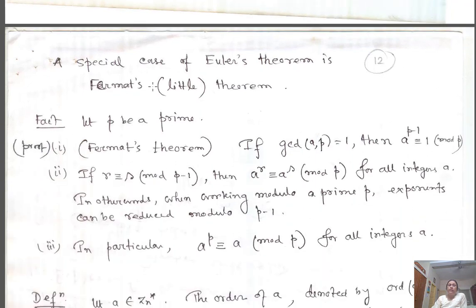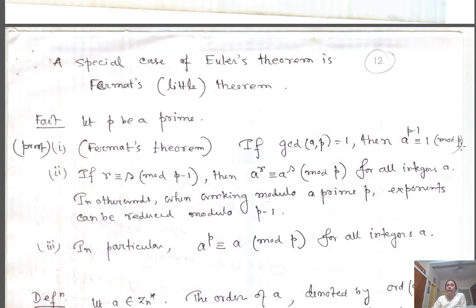As I said, a special case of Euler's theorem is Fermat's little theorem. Suppose p is prime; then Fermat's theorem says that a to the power p minus 1 is congruent to 1 modulo p, provided p does not divide a. That means a is co-prime to p; a does not have p as a factor.